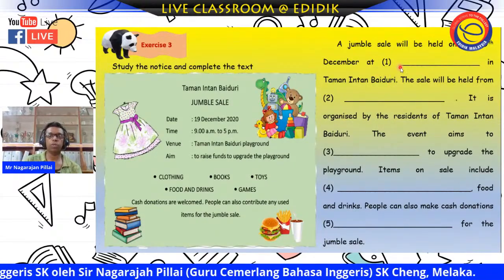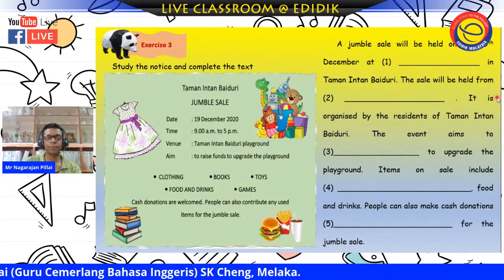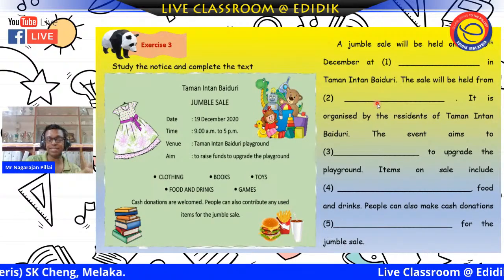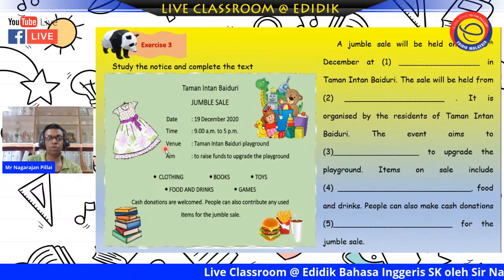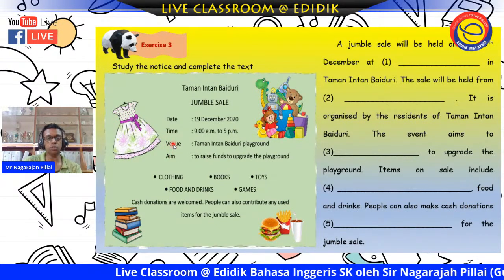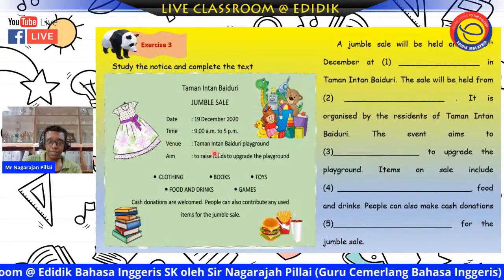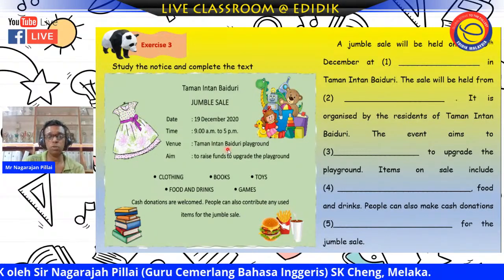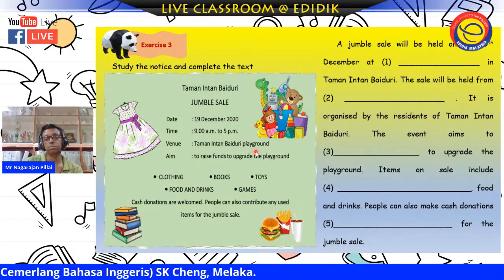A jumble sale will be held on the 19th December at... So at, in, focus, place. Another word for place. Venue. Look at the poster. Look at the venue. That means place. So Taman Intan Baiduri. The word Taman Intan Baiduri has been used. So you are just left with playground.